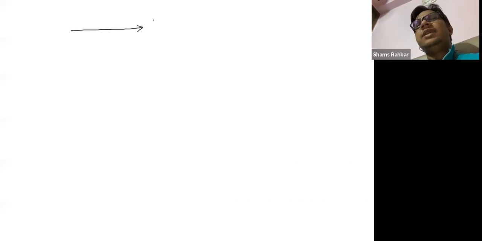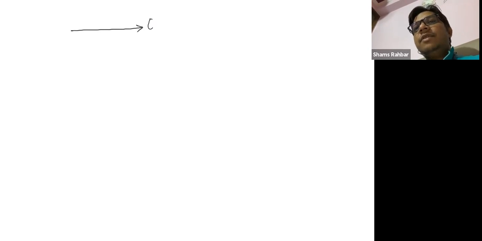Now try to understand a few more points, and then I'll deal with a few questions, and then we'll proceed with another concept. First, try to understand one more point that I'm going to discuss here. For example, suppose we already have some electric field, say in this direction. Are you getting what I'm saying?